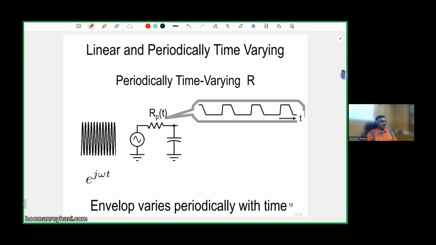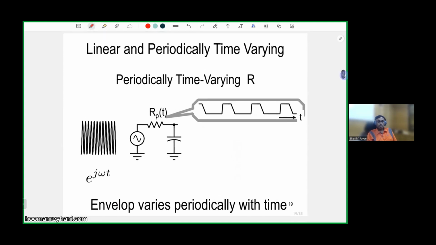All right. The next thing I'm going to do is keep varying the resistance periodically. What comment can you make about the output now?